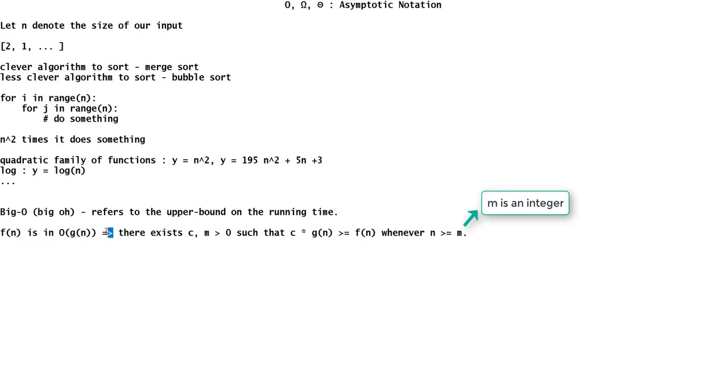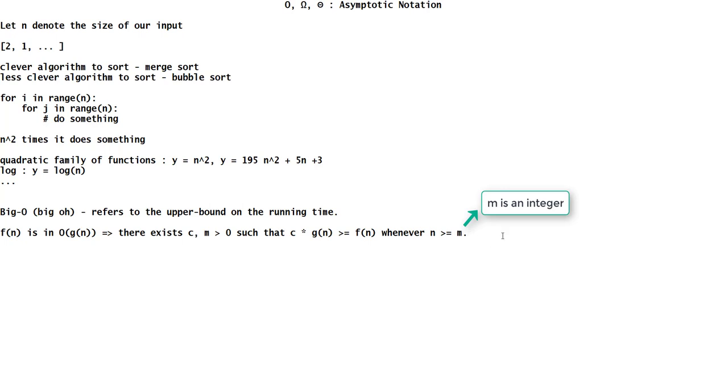So if we take the contrapositive of this implication, we can say whenever n is greater or equal than m, if we have that c times g of n is less than f of n for some c and m greater than 0, then f of n is not in O of g of n, right? So if it is in O of g of n, then there has to exist these c and m greater than 0 such that this is true.